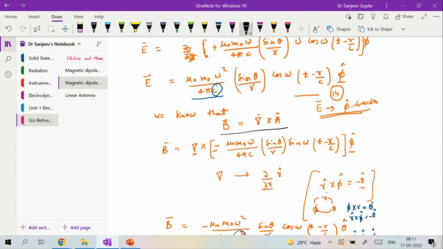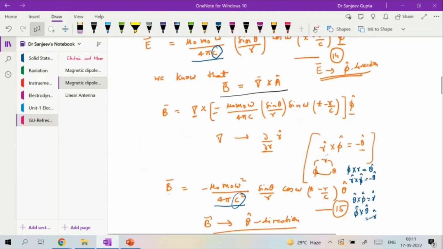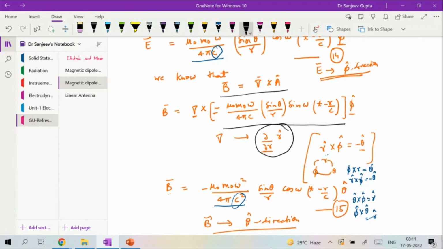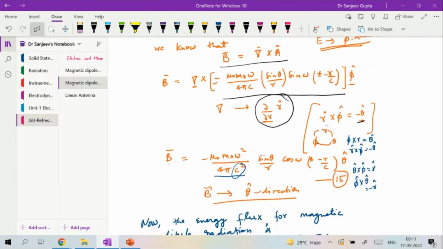Now we are going to calculate the magnetic field. The magnetic field is simply del cross A. We know A, so I just have to apply del to whatever A I have written here. But del is only r dependent here, because only r we have. But we know that if we have an r component and a φ component, it will always give a θ component with a negative sign, because this is a cyclic order.